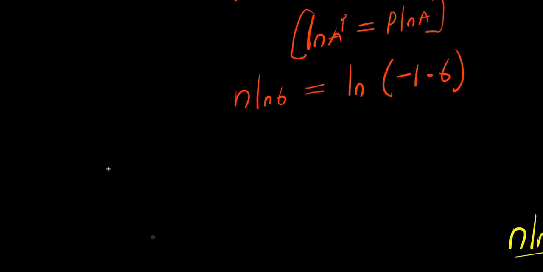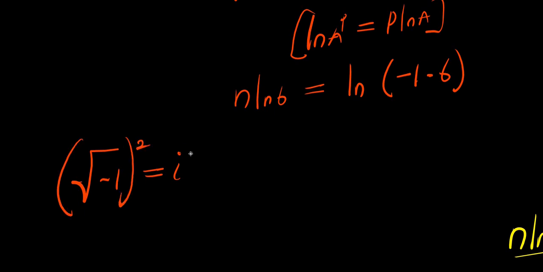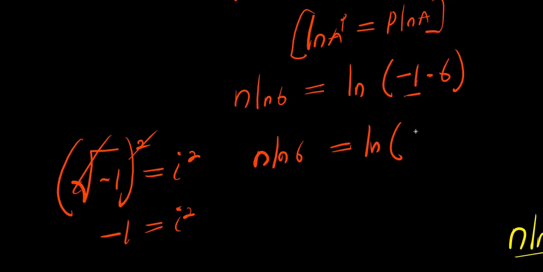And this time around, we consider square root of negative 1 equals I, or I power 2 equals negative 1, whereas iota squared is negative 1. So we have n times natural log of 6 equals natural log of, instead of writing negative 1, I have iota squared times 6.